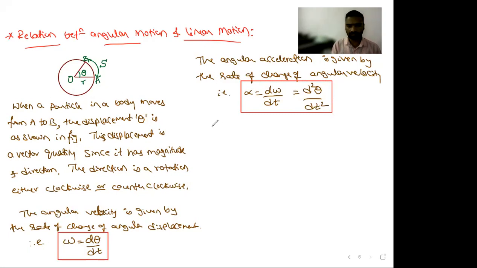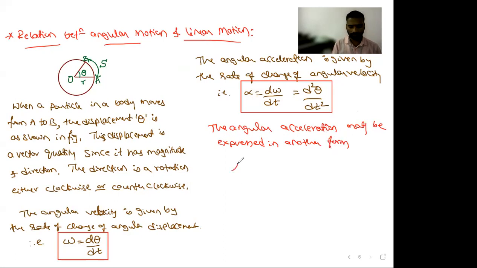The angular acceleration may be expressed in another form also.